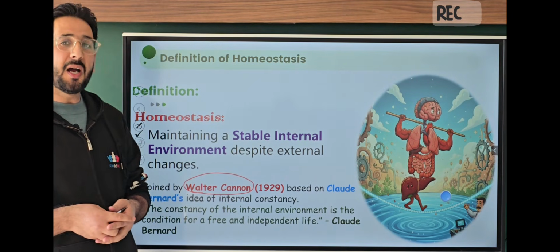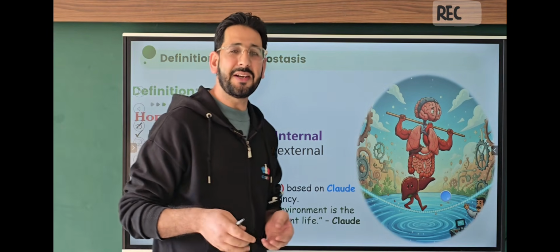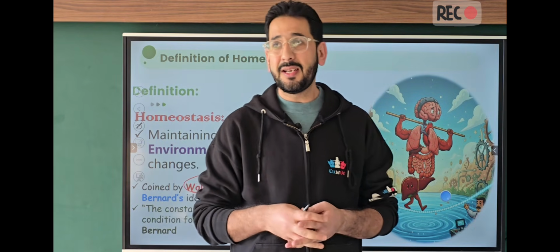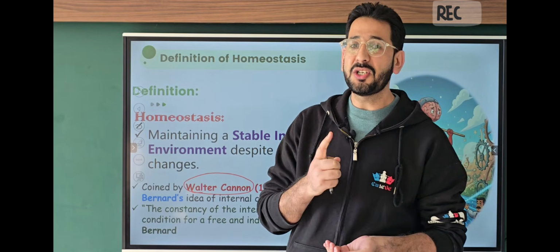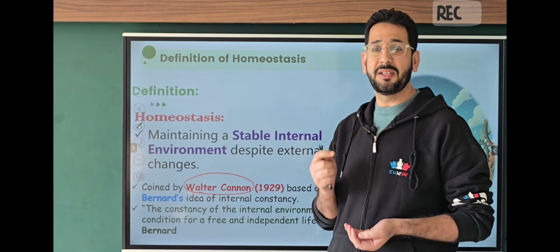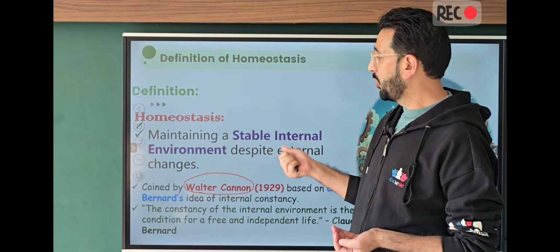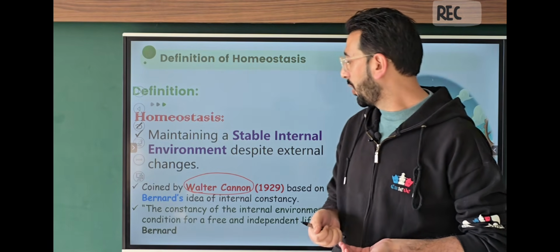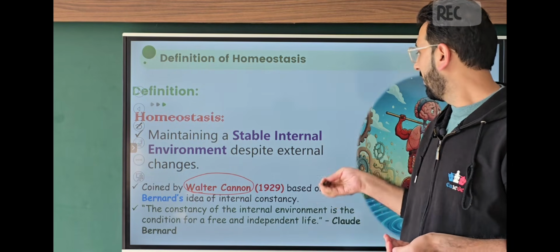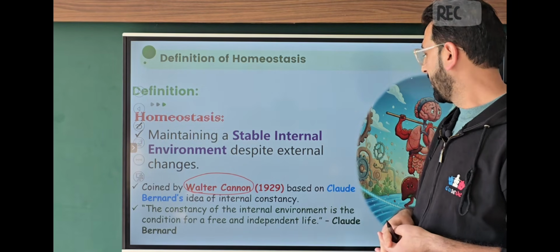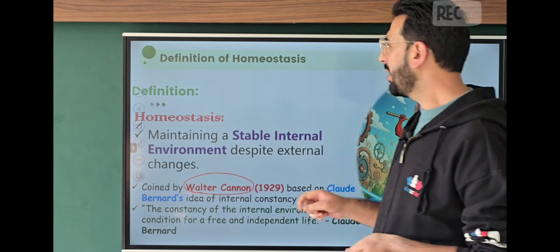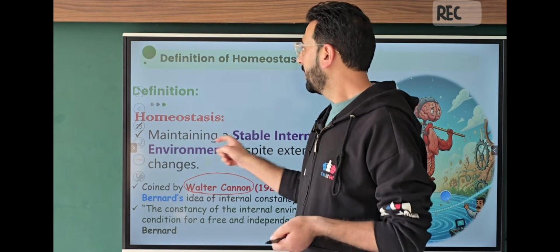Now, Claude Bernard said, for a free and independent life, there is actually one condition, and that condition is the constant internal environment. So Claude Bernard stated that the constancy of the internal environment is the condition for a free and independent life.